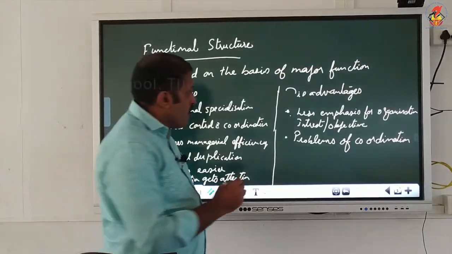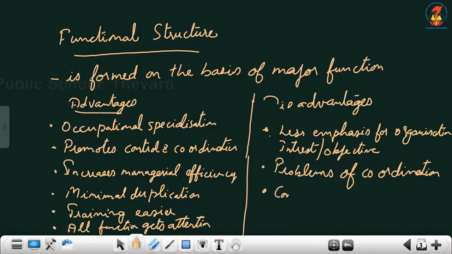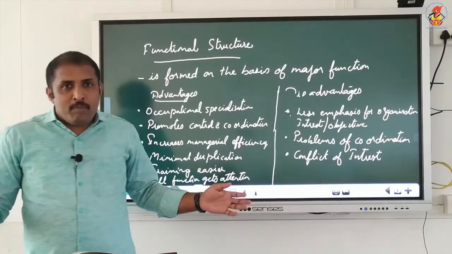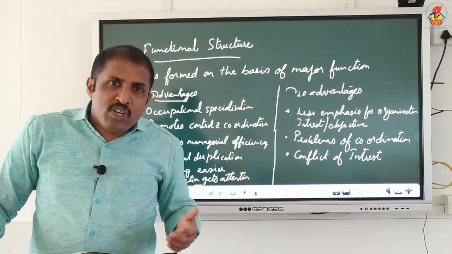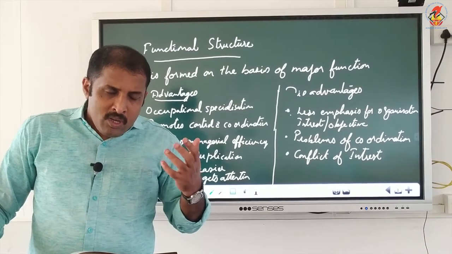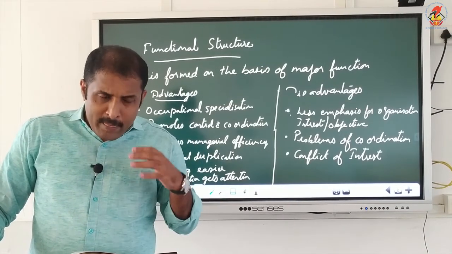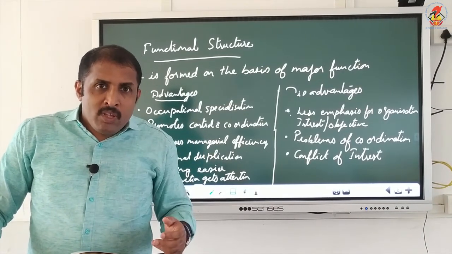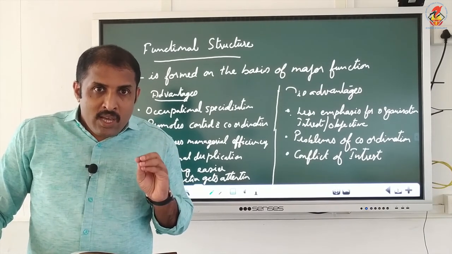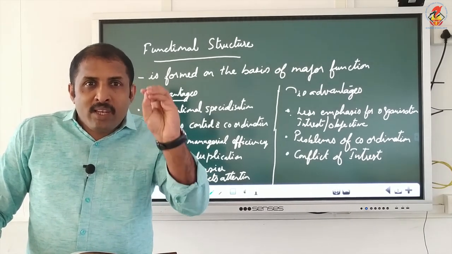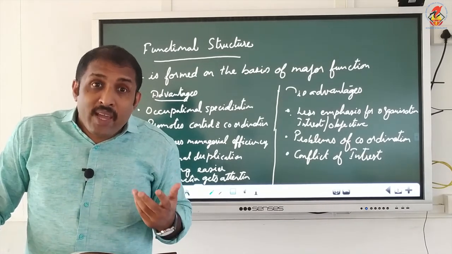Third one is conflict of interest. See, when we look at the production department, it may be focused on producing the maximum, but the sales department may be focusing on producing in such a way that it attracts the customers, then only they can sell.